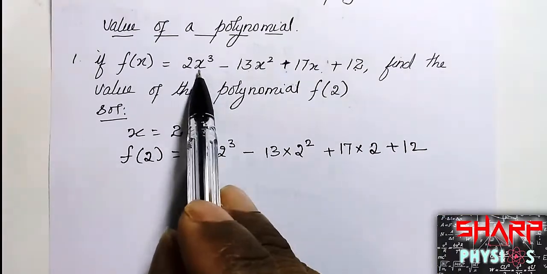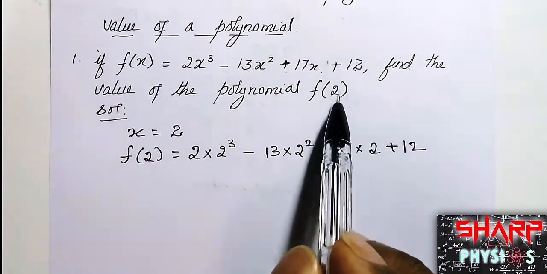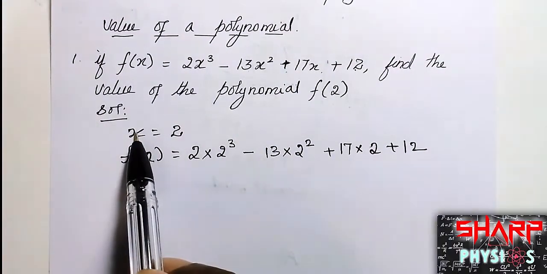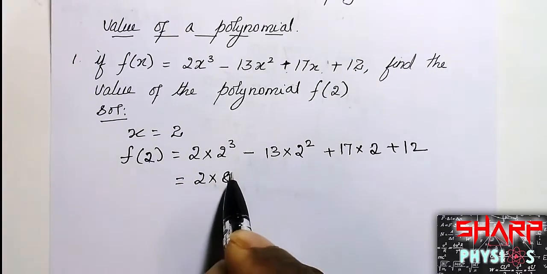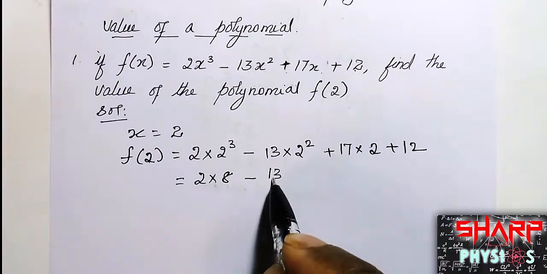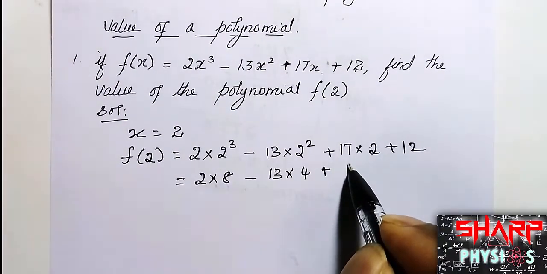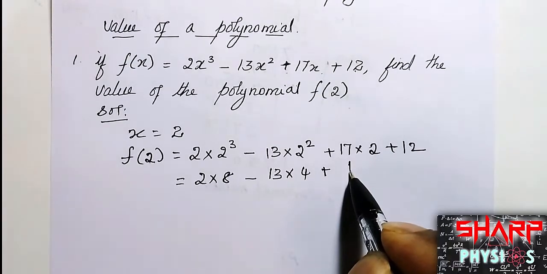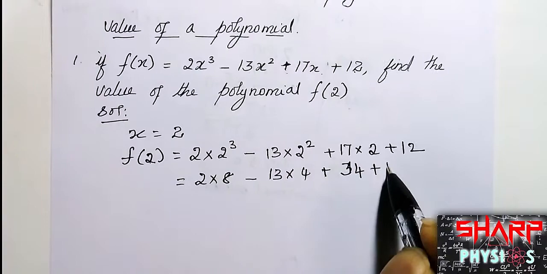So wherever x is there, you have to substitute the value inside this bracket. That is 2, the value of x. So 2 into 8 minus 13 into 4 plus 17 into 2, that is 34, plus 12.